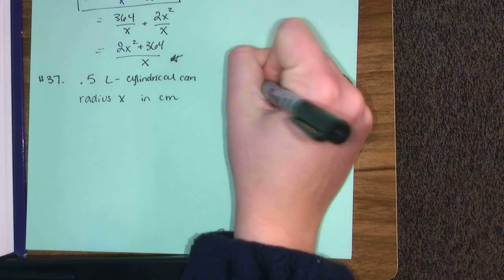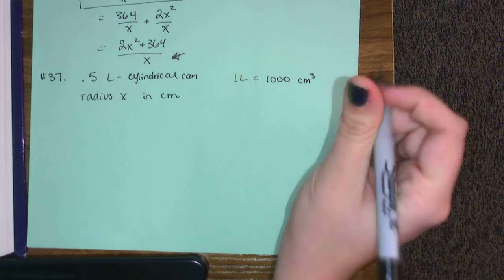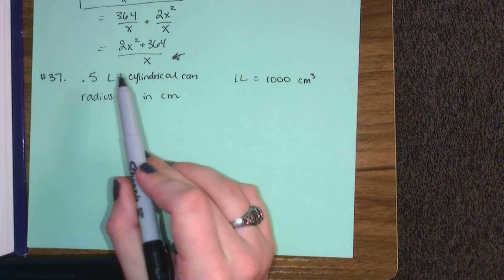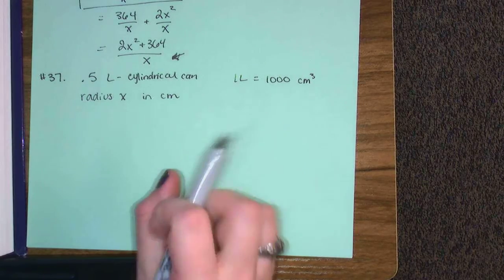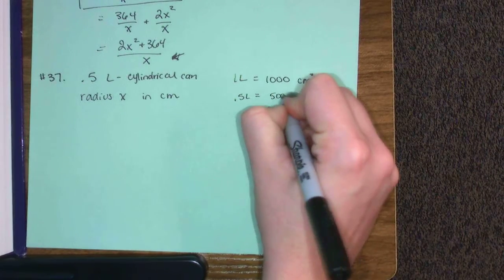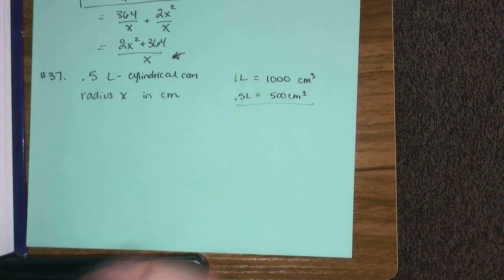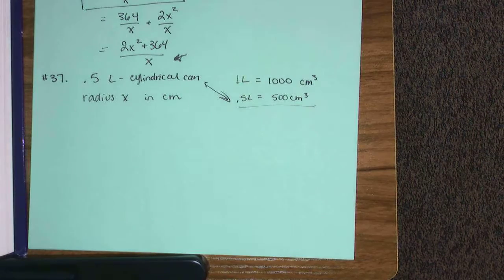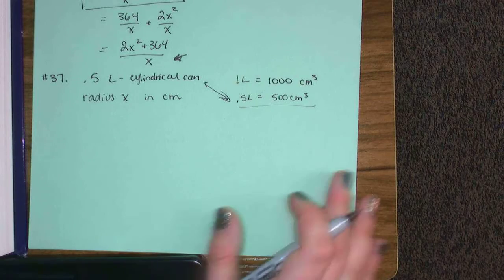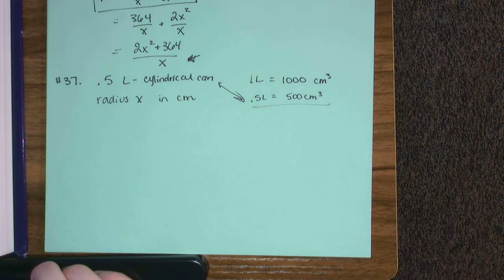One liter is equal to 1,000 cubic centimeters. So if I have a half-liter cylindrical can, how many centimeters cubed do I have? This is the conversion I'm going to need here. Now my question is, does anybody know the surface area for a cylindrical can?